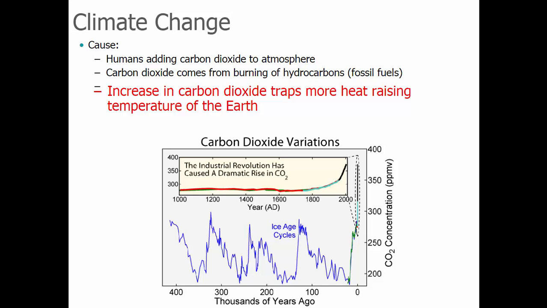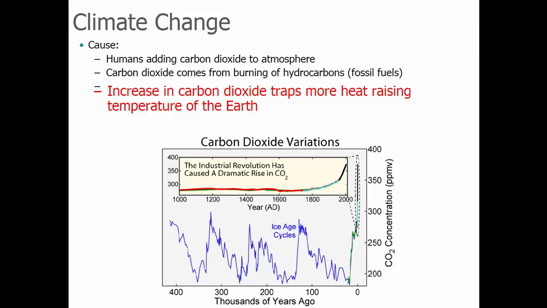Since this is 400,000 years ago, we know the Earth has gone through periods of ice ages and periods of warming. And you see that cycle shown here, where high levels of carbon dioxide mean the Earth's temperature increases, and low levels typically result in ice ages as the Earth cools.